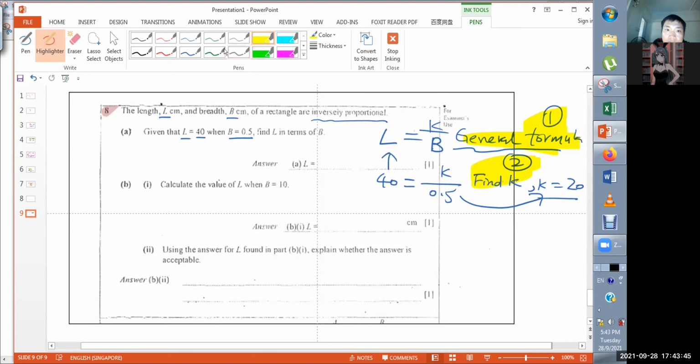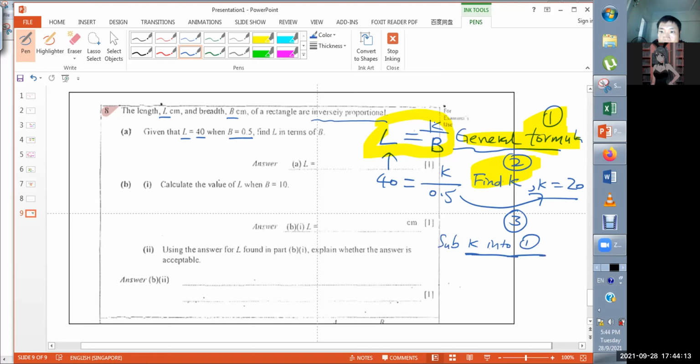Then after that, step three: you sub K into 1. Where is 1? This is your 1. So can I ask, K is equal to what? K equals 20. Very good.